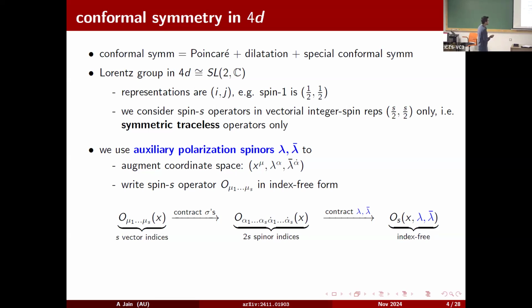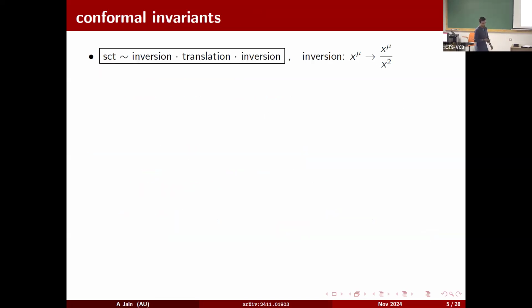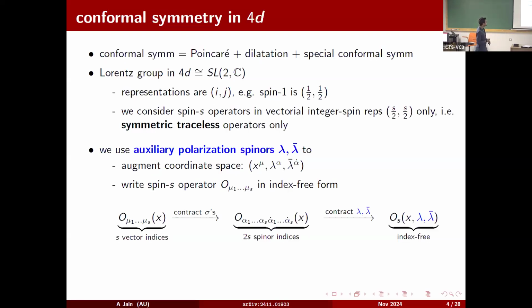All right. So once we have done this, now we can write down any operator in the form of an index-free operator. Yes, please. You said you are focusing on symmetric traceless operators. Yes. But you said that in the literature, these things have been worked out. But have people worked out arbitrary spin or arbitrary I and J?